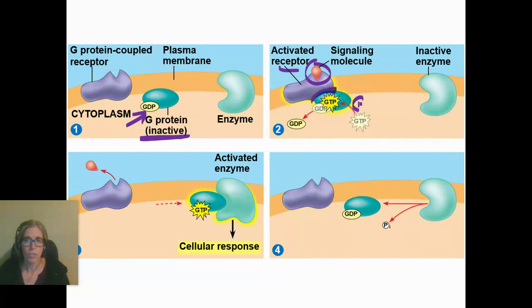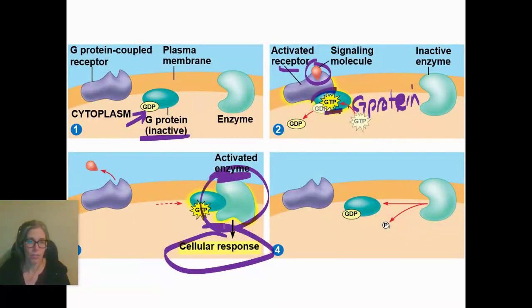This G protein attaches to the receptor, and then GDP leaves and GTP hops on. Now it's activated. It can come over here and activate this enzyme, which then causes some kind of response. And this is reversible, so it all hops off and the whole thing gets inactivated again. So that is one type of membrane protein. That's a receptor.